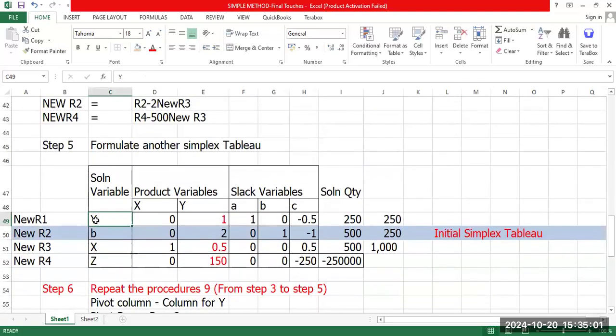Remember, here you had y. This was your solution variable. Here we had a, we had b, here we had c. But because of pivot row, here we had to put x, because remember, after applying the formula, we actually see that we had 1 as the value here.